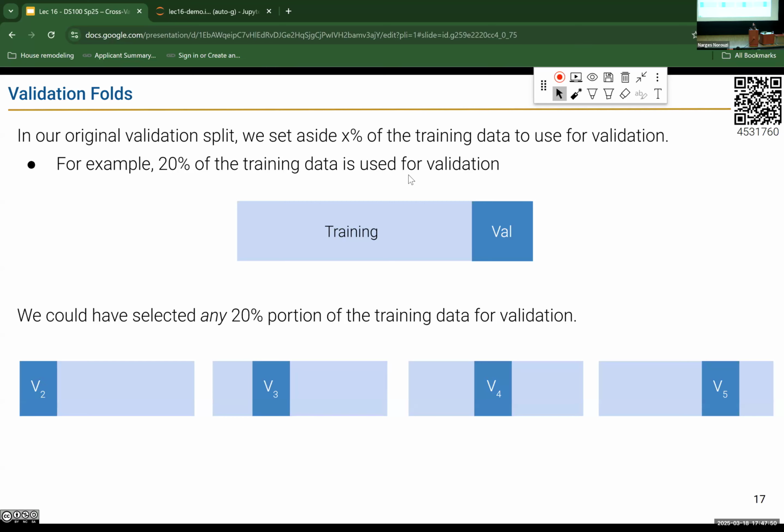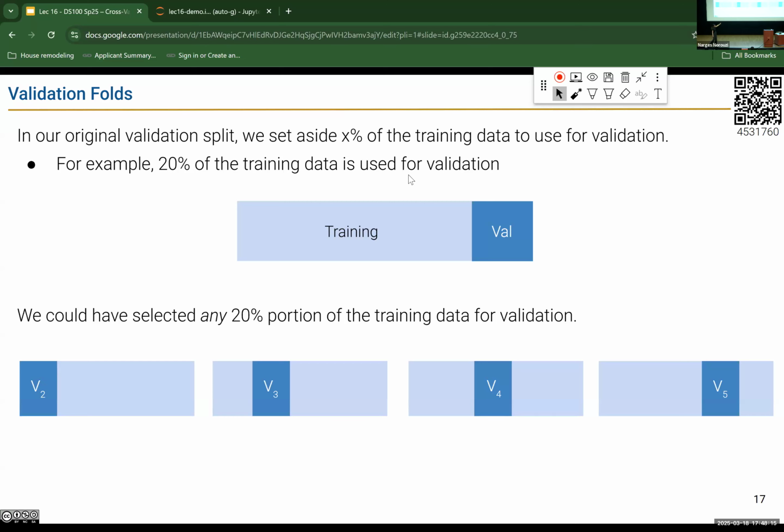And this 20% is just a randomly picked number. You can do 10%, right? If you do 10%, then how many chunks do you have? 10, right? We'll pick it in a way that it's divisible by the size and whatnot. But effectively, that's what we're trying to do in this case.